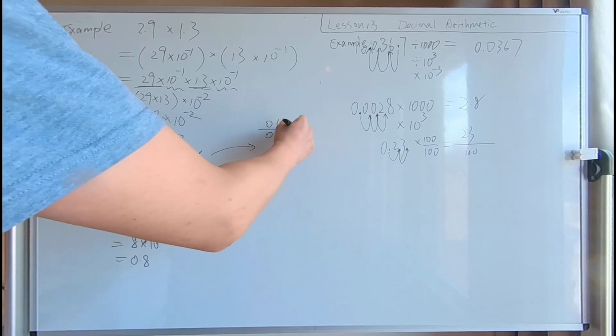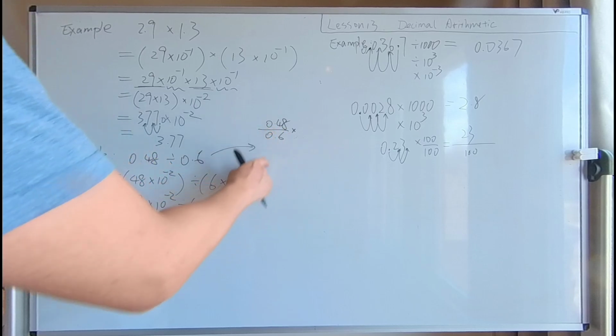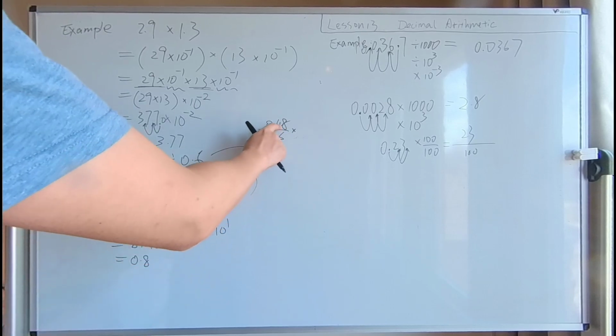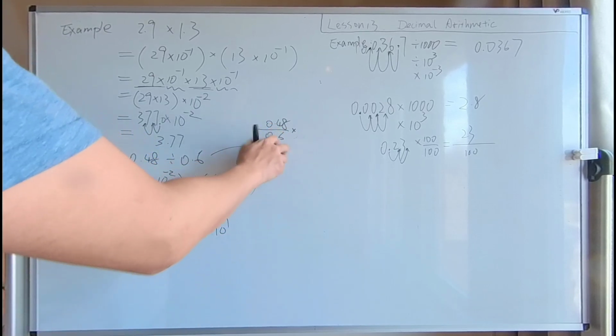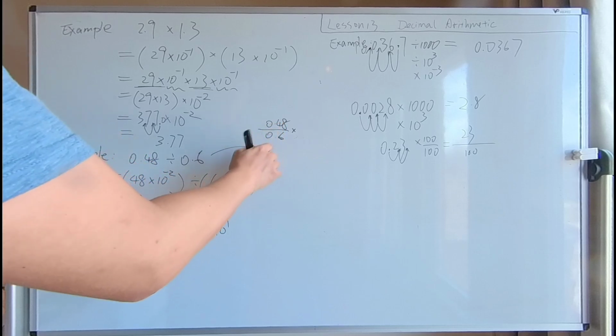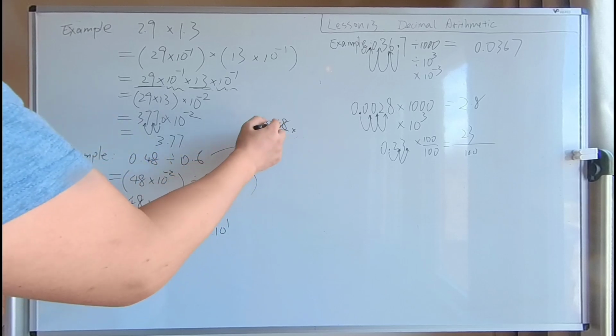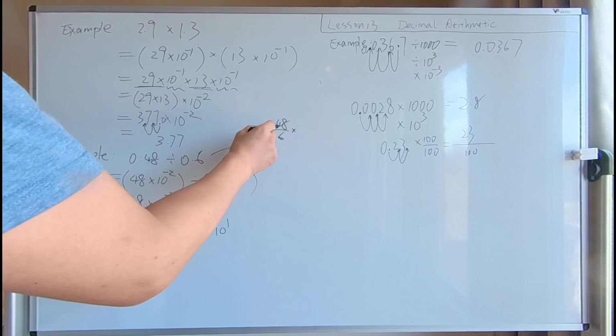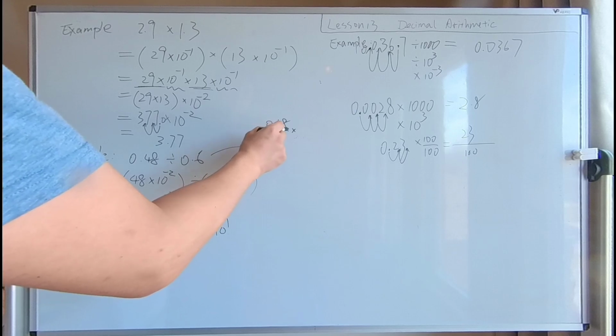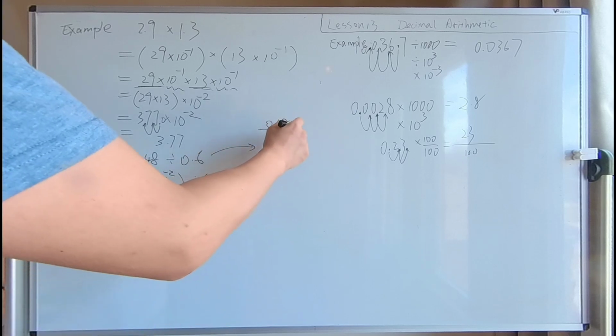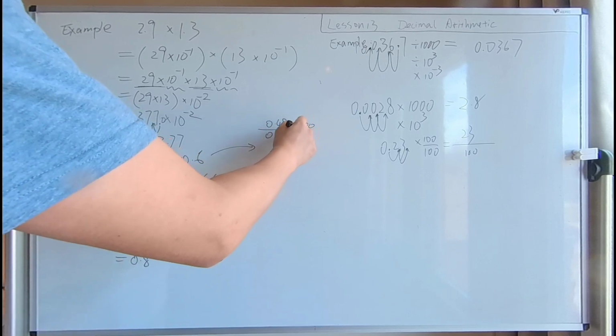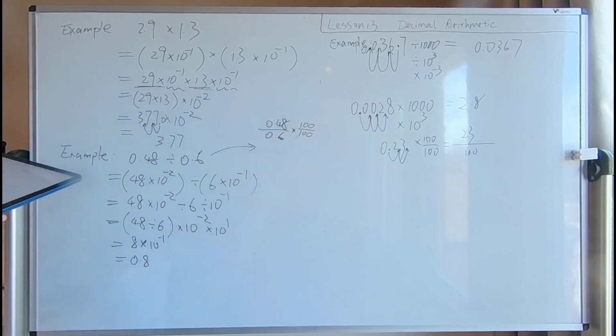It's equivalent to multiplying, first observing that I have 1 digit here and 2 digits here. In order to completely remove the decimal point, I need to multiply by at least 100 to move the decimal point to the end.